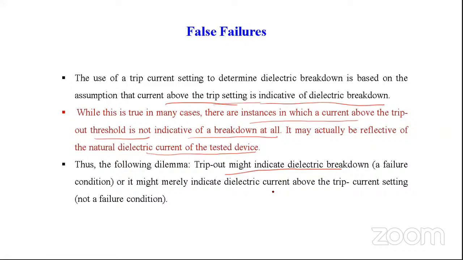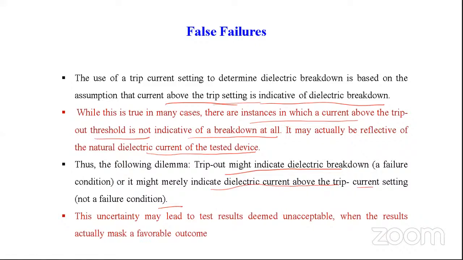So you have to set the trip current at a very high value, but it might merely indicate dielectric current above the trip current setting, which is not a failure condition. Okay. This uncertainty may lead to the test result being deemed unacceptable when the result actually masks a favorable outcome.